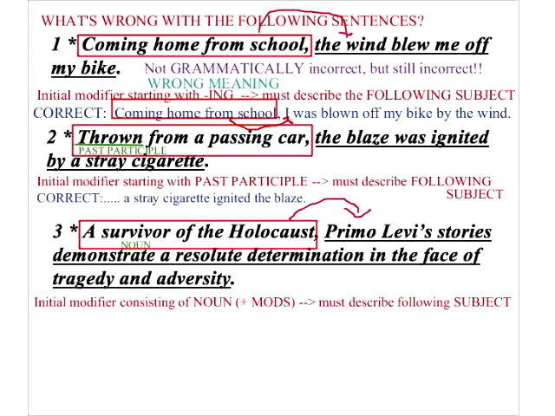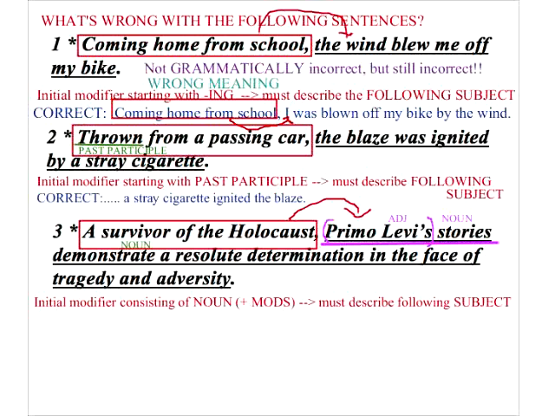Now, the thing to notice about this is that some people think that Primo Levi's is good enough. Make sure you know that it's not. Possessives like this function as adjectives. So what the subject here actually is, is his stories, because Primo Levi's is just a descriptive adjective. So Primo Levi's stories is actually the subject.